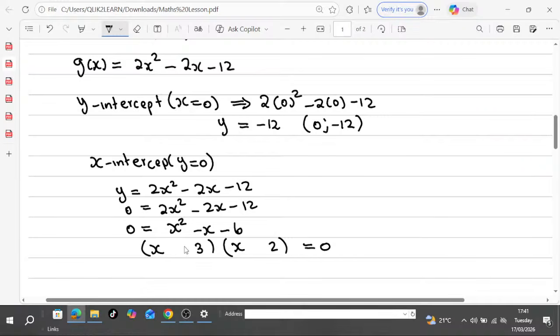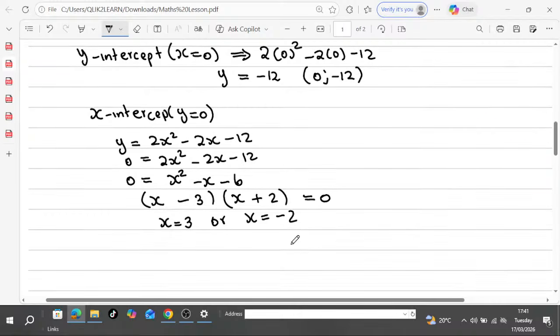We take the sign of the middle number and give it to the bigger number, and this side will be positive. Therefore, x is 3, or the value of x is negative 2. So this tells us that the intercept is at 3 and 0, or at negative 2 and 0.